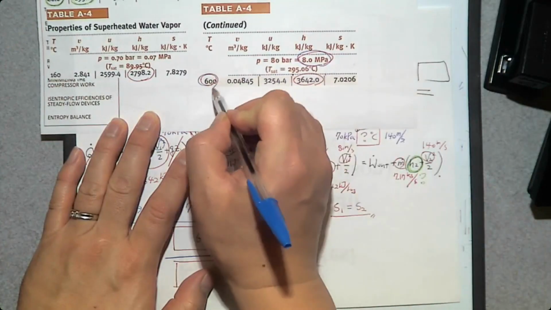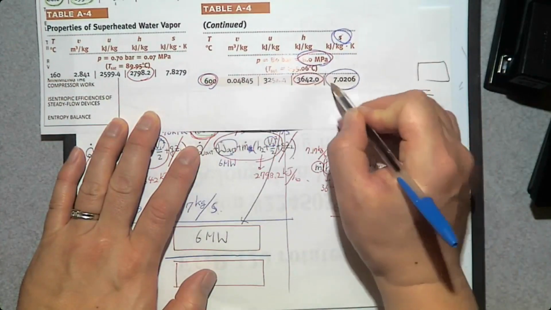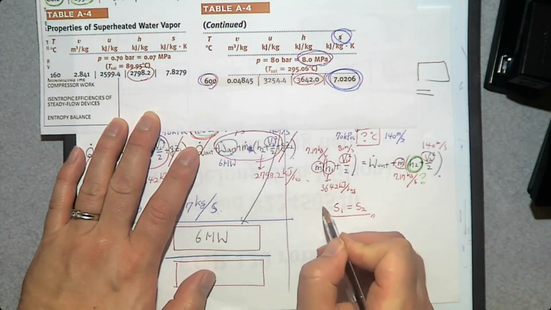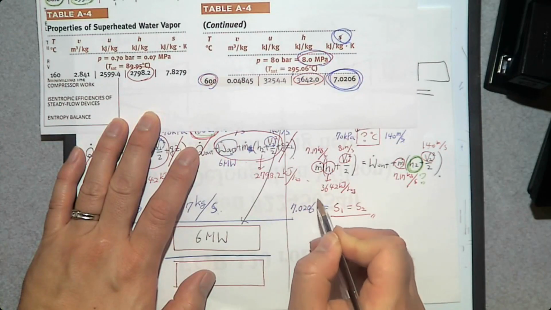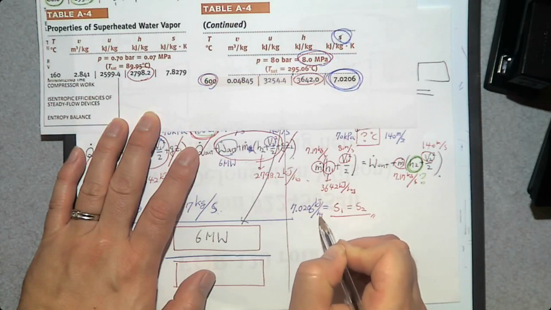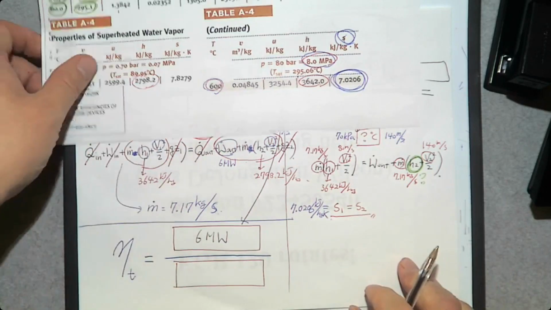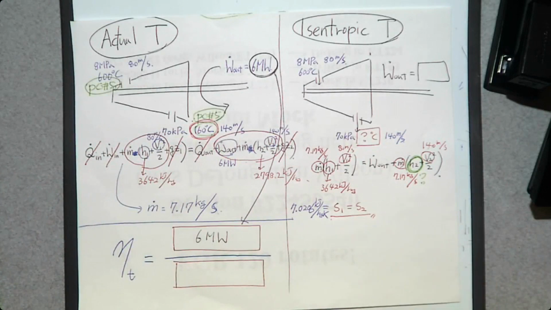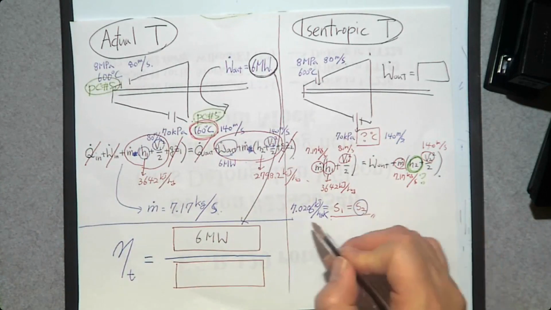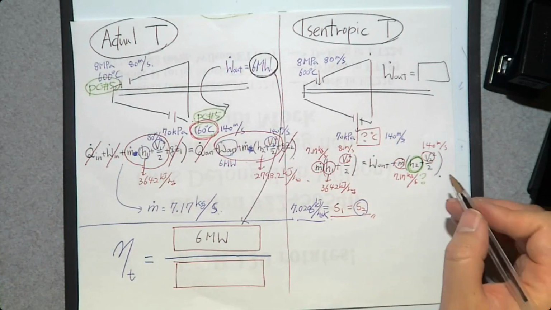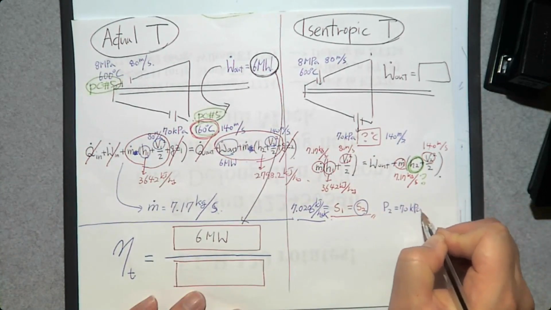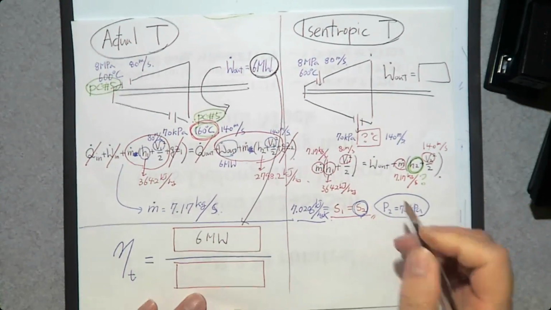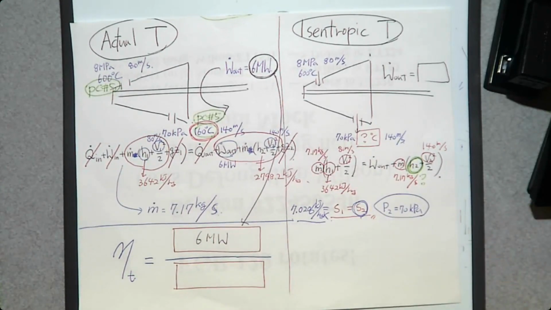At 8 megapascal, 600 degrees Celsius, s1 is going to be this value, 7.0206 kilojoule per kilogram Kelvin. Oh, good to know. So now we know s2. s2 is this number. Now we have s2, and we also have P2, 70 kilopascal. If you know pressure and entropy, can you determine h2? Yes, we can. Now we can do that.